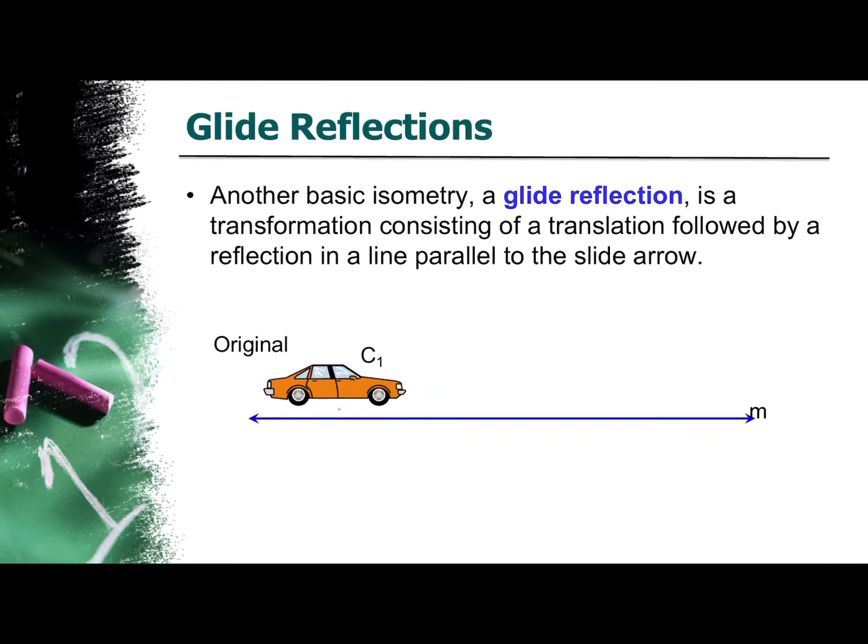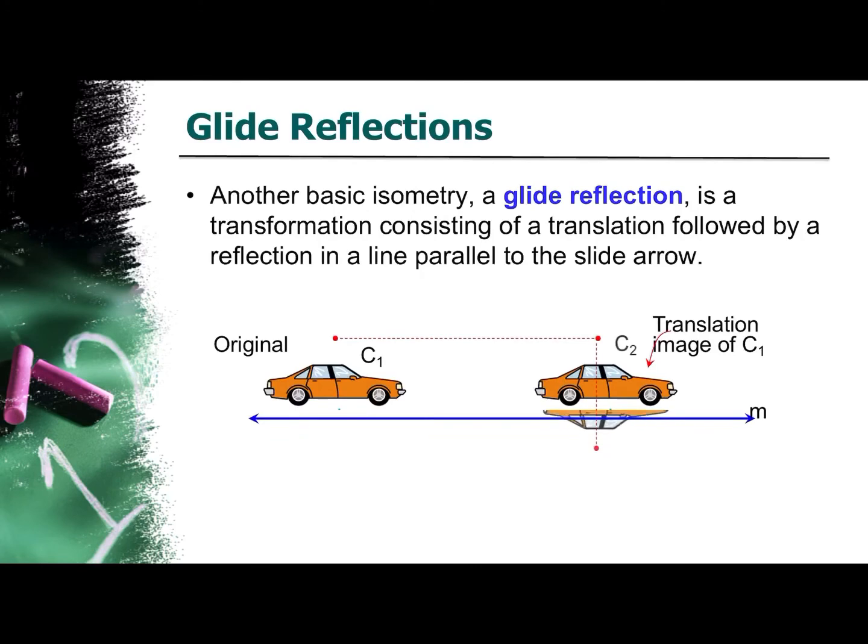So this section also talks about a glide reflection. They sort of treat it like it's a separate isometry. We can think of it that way if you want, but it is basically a translation and a reflection combined. It's not just any old combination of a reflection and a translation.